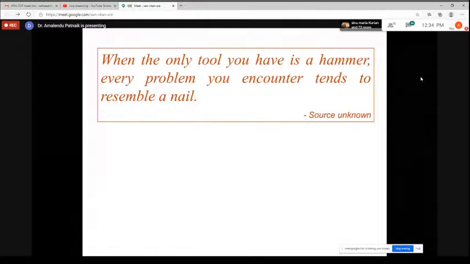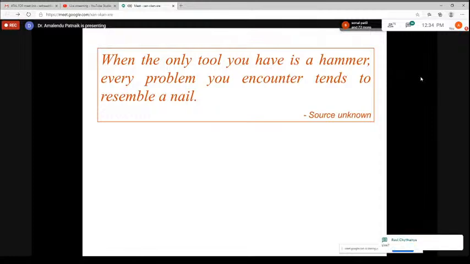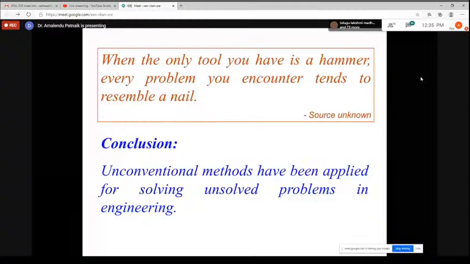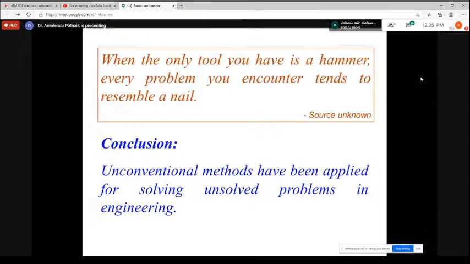So when the only tool you have is a hammer, every problem you encounter tends to resemble a nail. So depending on the techniques available with you, the tools available with you, you choose those specific tools in a judicious way. It should not be like this, that you have a technique available with you, and for every problem you go for applying that particular technique.